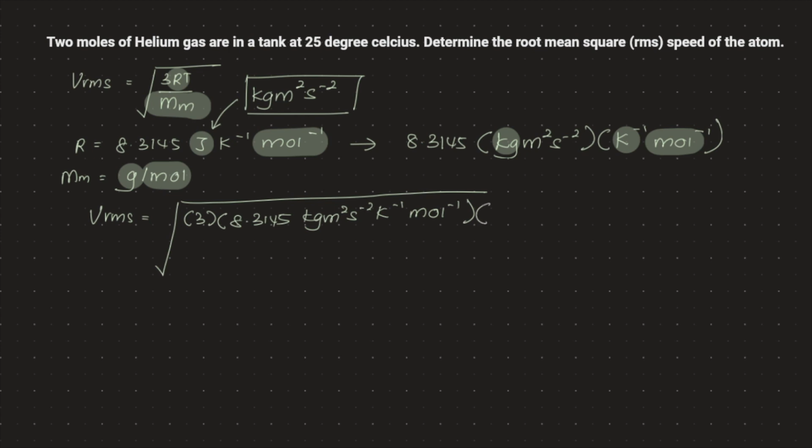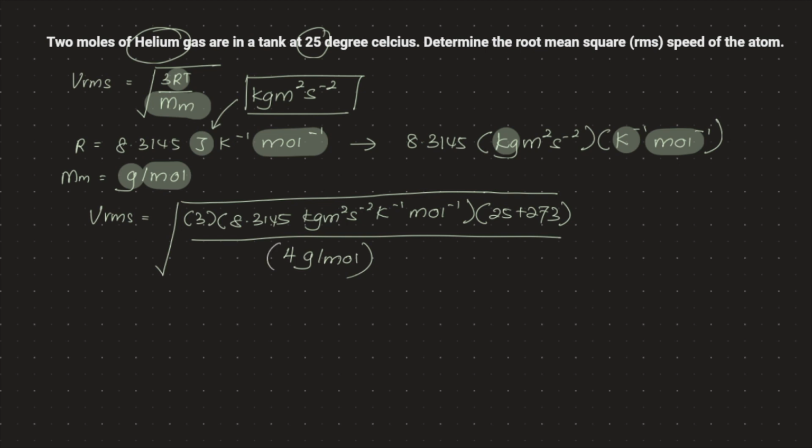And then your temperature is 25 degrees Celsius, so 25 plus 273, which is the conversion to Kelvin, divided by the molecular weight of helium. The molecular weight of helium is 4 gram per mole. This gram you need to convert to kilograms, so you need to divide by 1000.